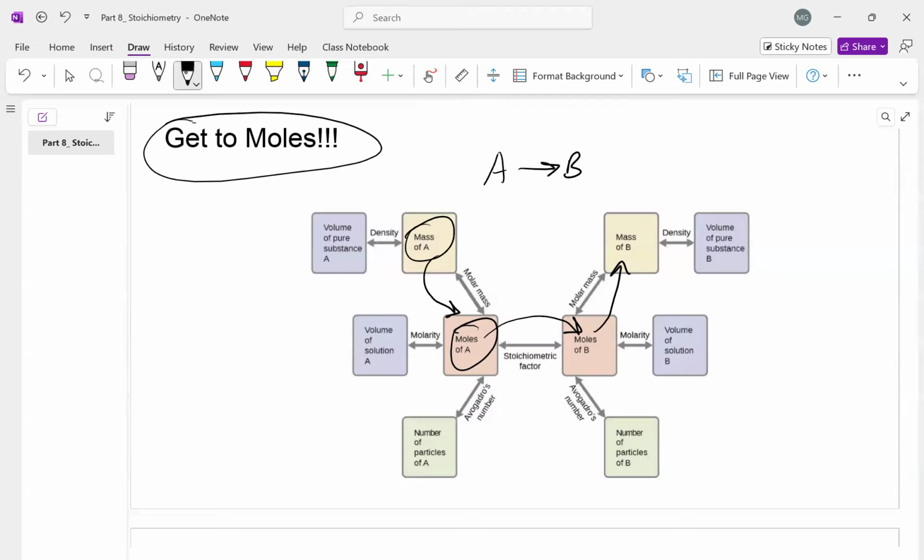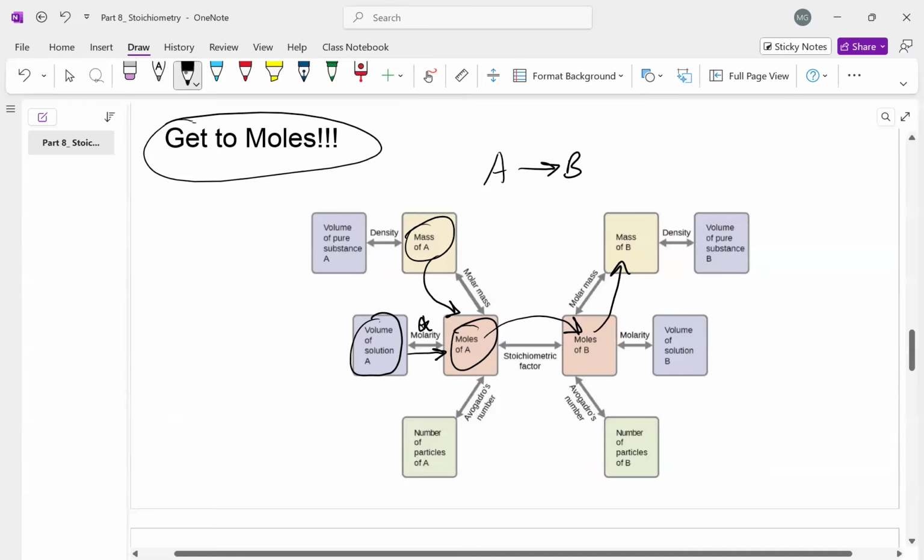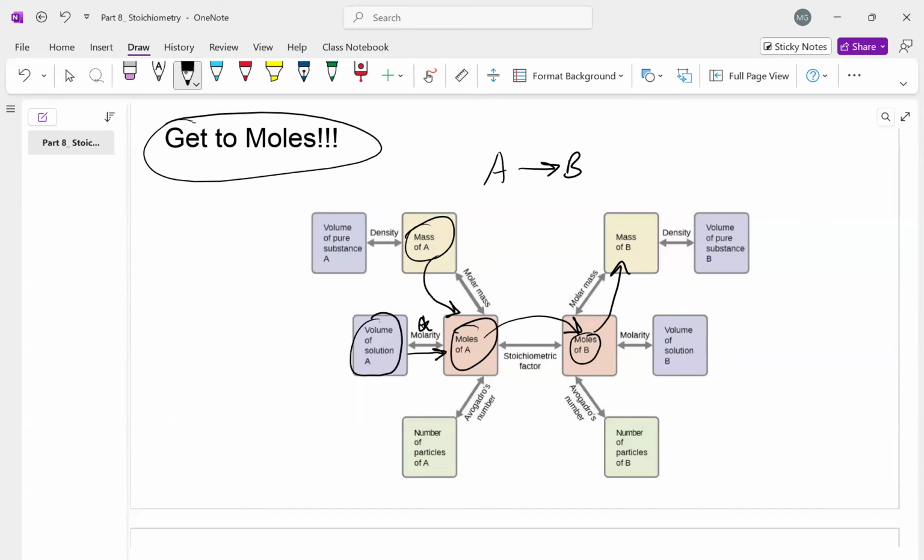And I tell you that you're starting with a certain volume of a solution of a reactant, and I give you the concentration. Well, that's another way you can get to moles. Or if you have moles of your product and you want to know what the new concentration of the solution is, you can use volume or molarity.